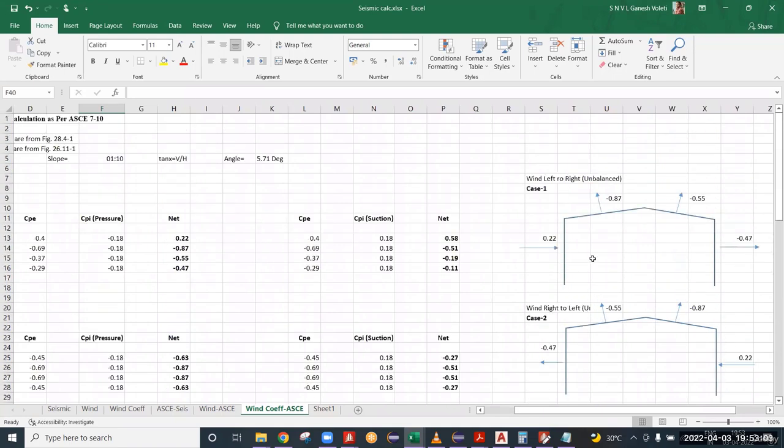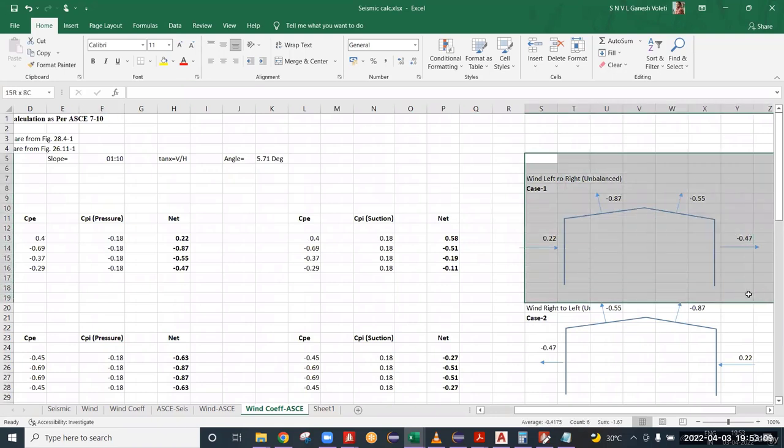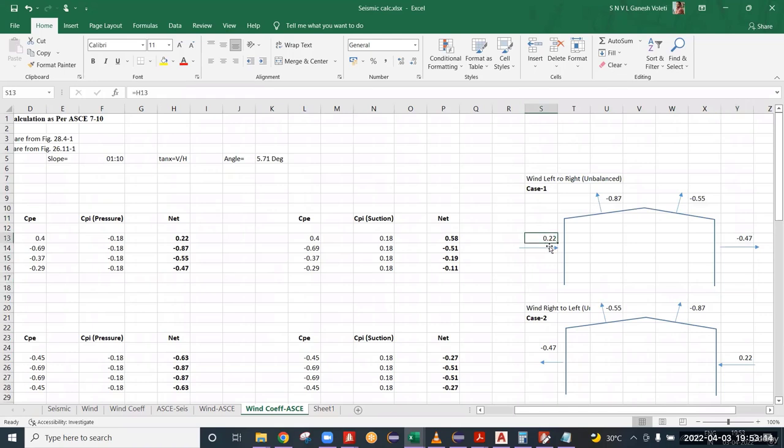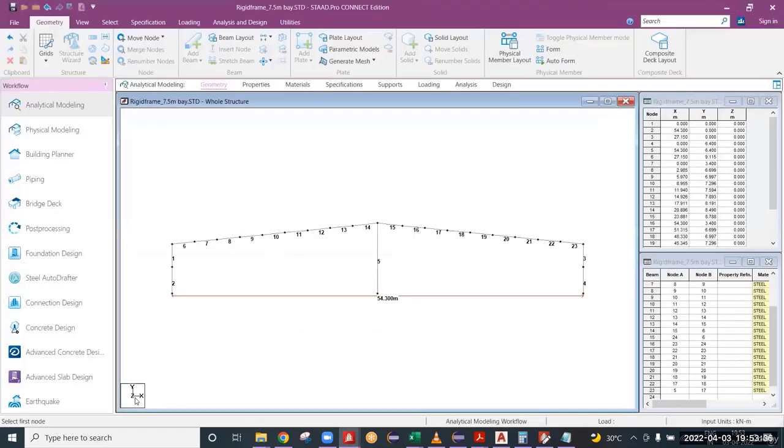I told you, no. This is the sign convention mentioned here as per the code provisions. If you see here, the positive symbol indicates towards the member, the negative symbol indicates away from the member. But while applying these values in STAAD, you have to change the convention into the STAAD global axis convention. In the global axis, x is positive towards right, y is positive towards upwards, right?